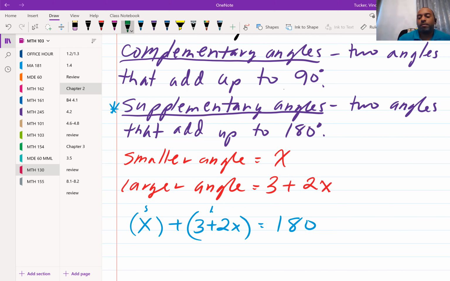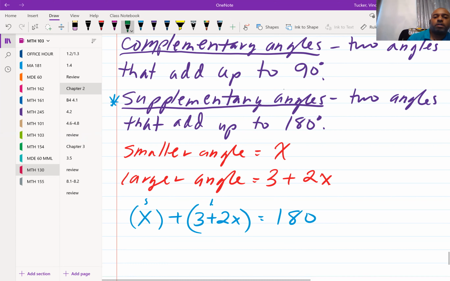Any problems? All right, so that's our equation.